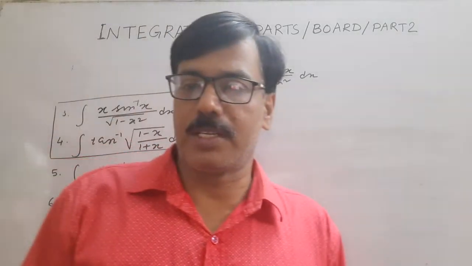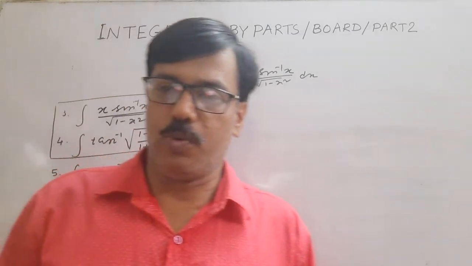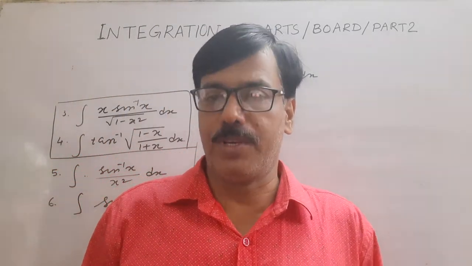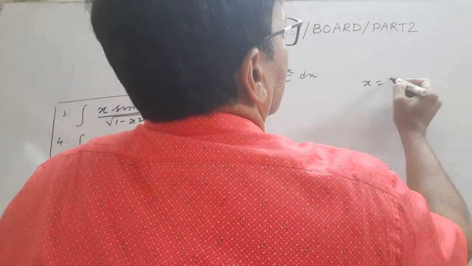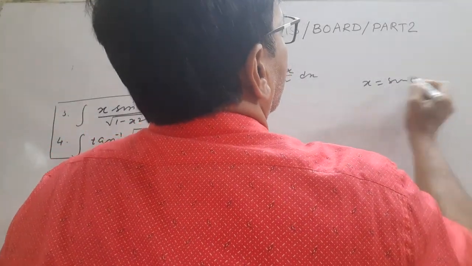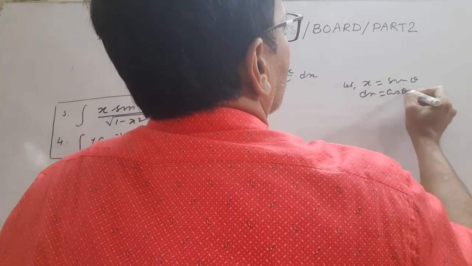So 1 minus x square is within a root. So we put a transformation to omit the root. So the obvious transformation is x equals sin theta or cos theta. So dx equals cos theta d theta.